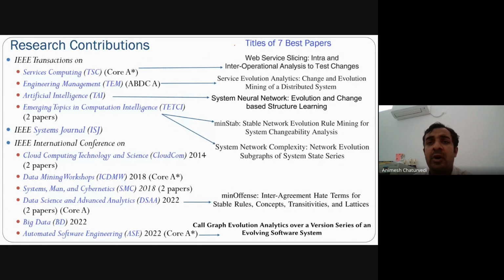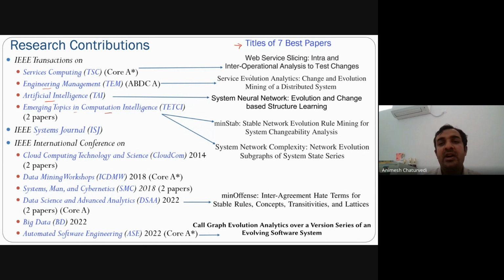Top seven titles means the best seven titles, or you can say good publications, the topmost that are my favorite ones. There are multiple IEEE transactions that I have published, like IEEE Transactions on Services Computing, Transactions on Engineering Management, IEEE Transactions on AI, IEEE Transactions on Emerging Topics in Computational Intelligence.